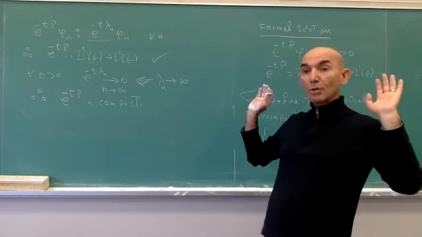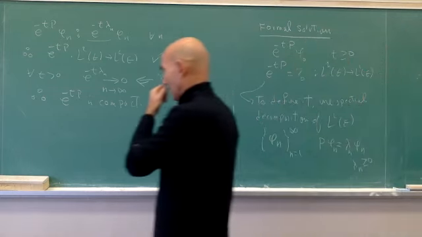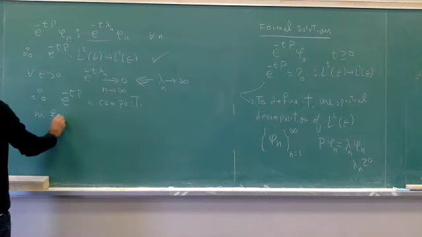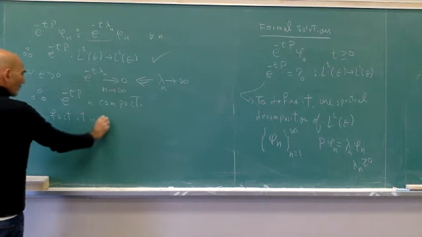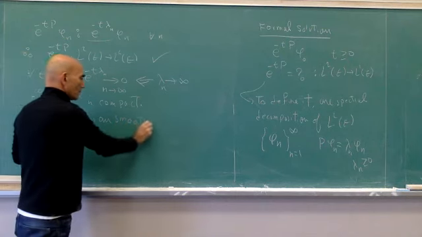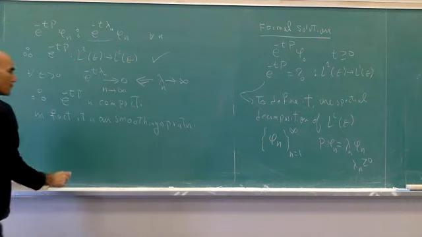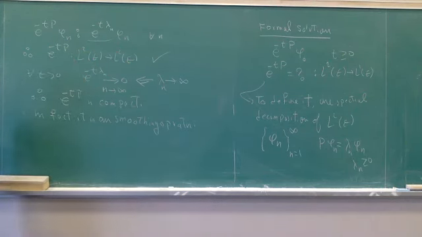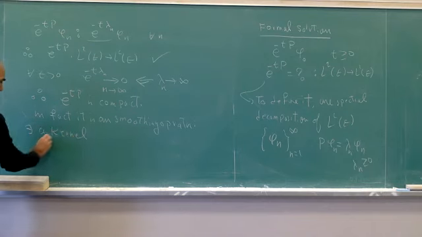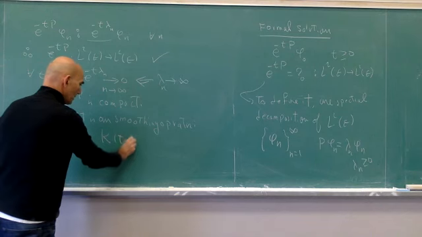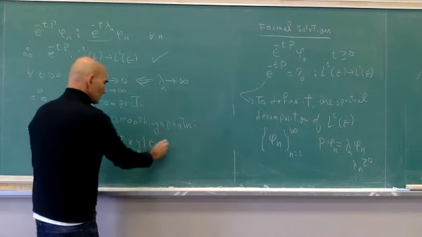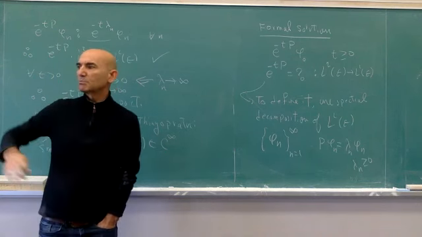It sends all of L2 into C infinity of M. In the following sense, for example, I'm going to show that there exists a smooth kernel K(t,x,y), which belongs to C infinity of M cross R. Let's assume for simplicity that P is a scalar operator.